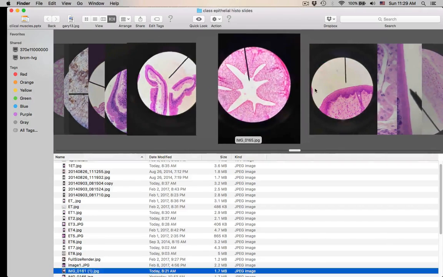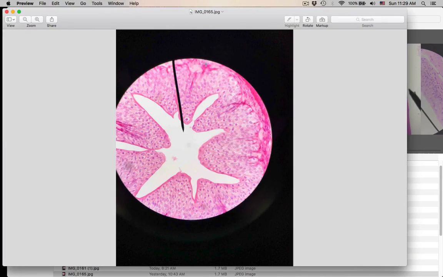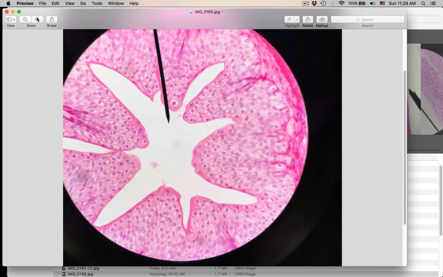Number 20. Pointer in the lumen. What type of epithelial tissue is this?